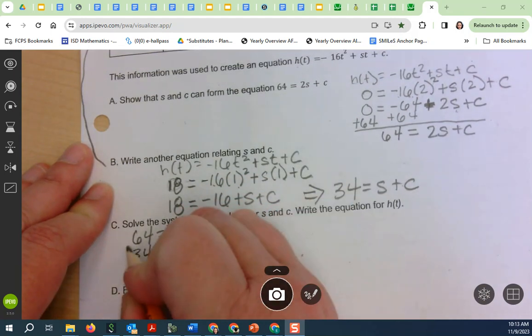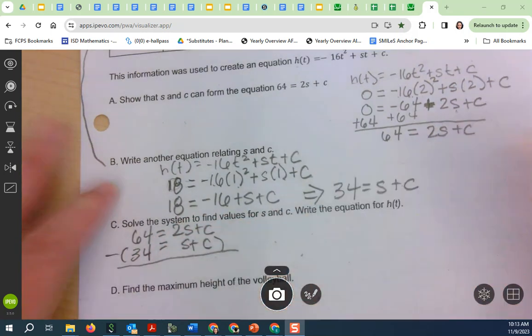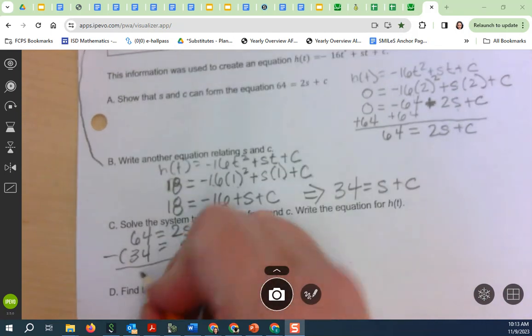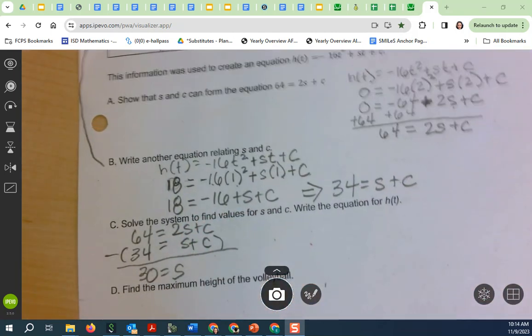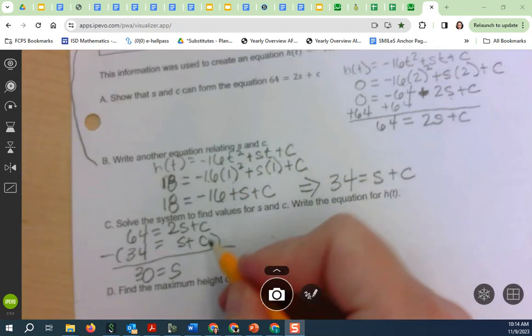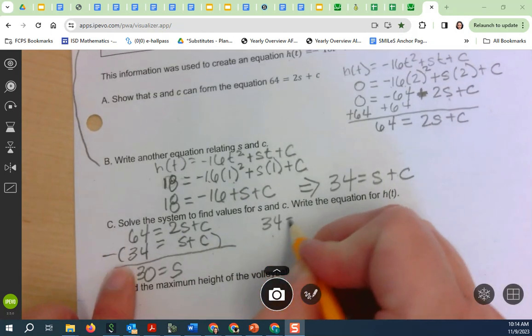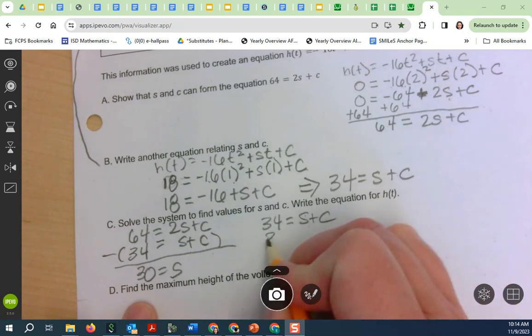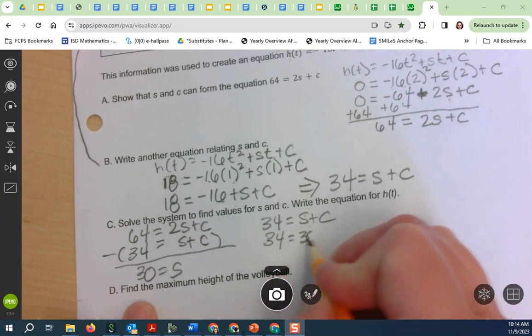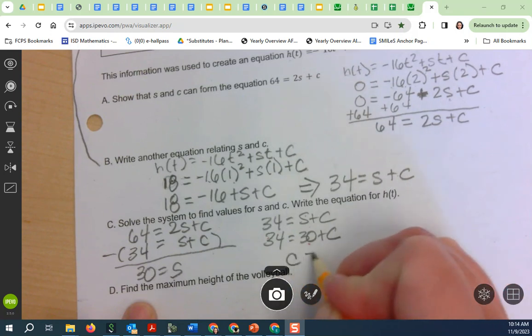And I could simply subtract them, because that would cancel out my c's, and I would get 30 equals s. And substituting that back in, 34 equals s plus c, 34 equals 30 plus c, and I get c equals 4.